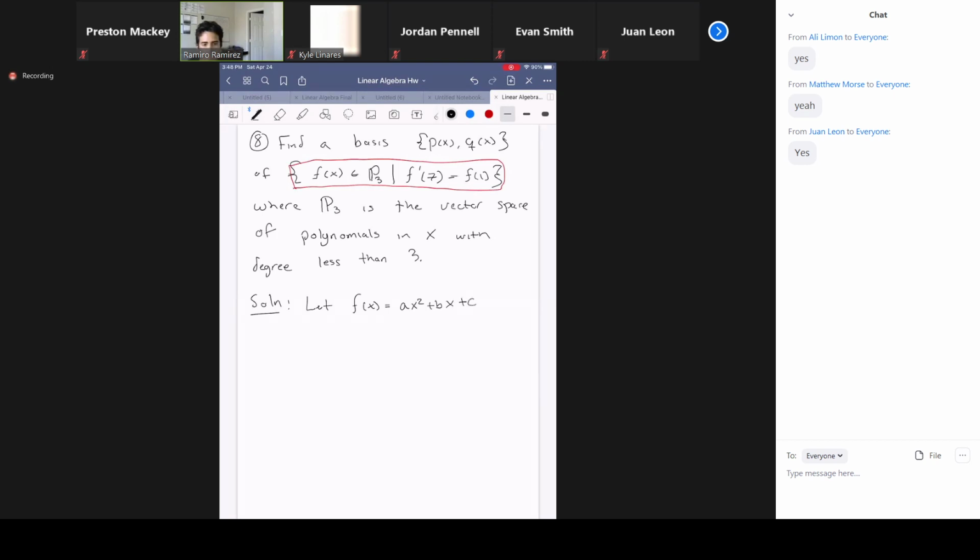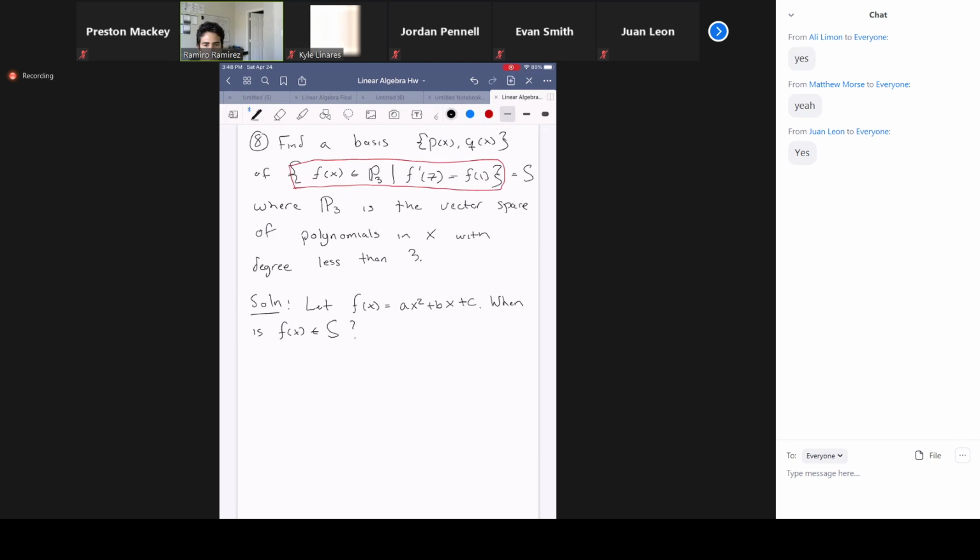So we need to see exactly when f of x is in, let me call this set S, right? So when is f of x in here?